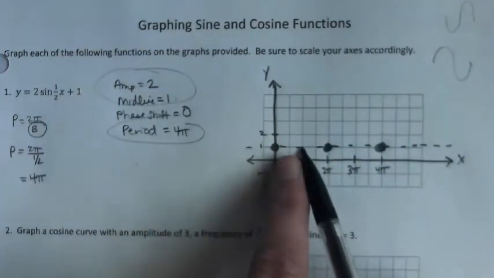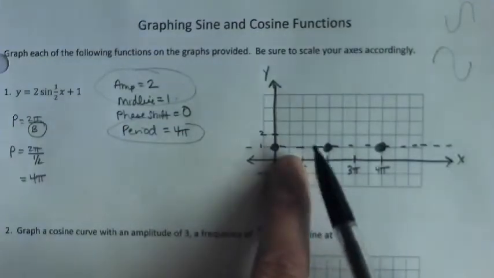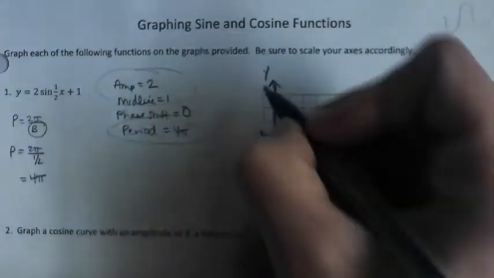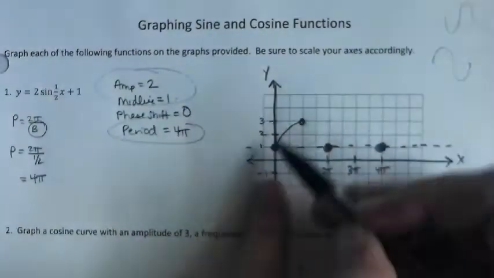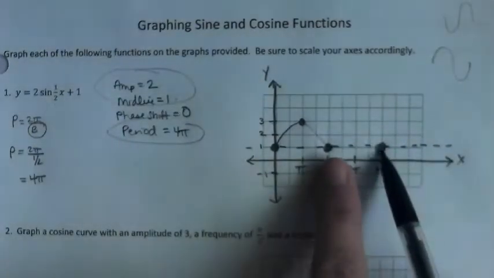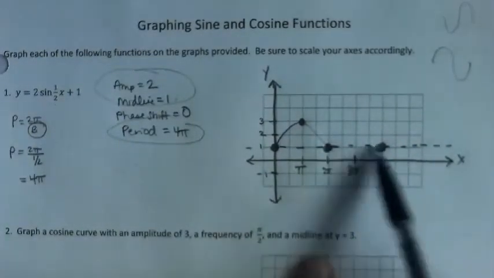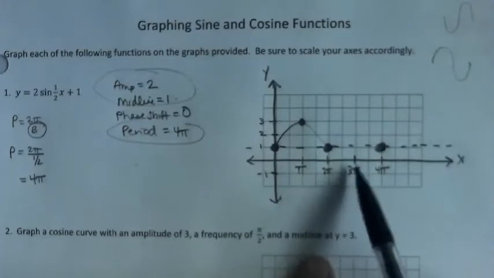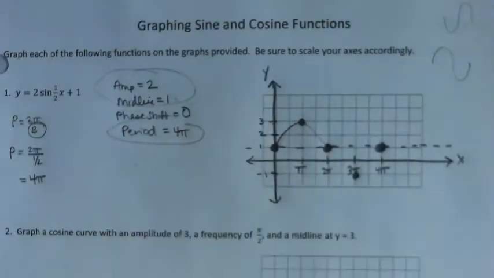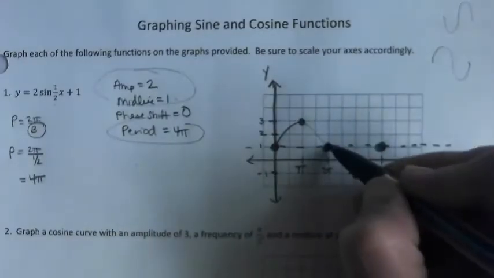And we already said the maximum is 3, because we have to go up 2 units with the amplitude of 2, and then we'll come back down. And then halfway between these 2 midline points, I have to go down 2 from the midline, which will put me at a minimum of -1.